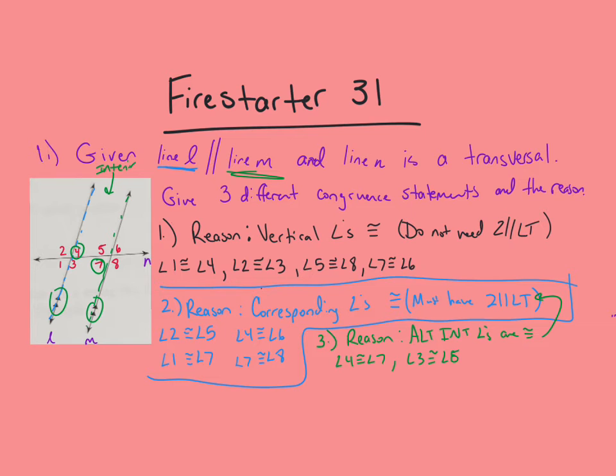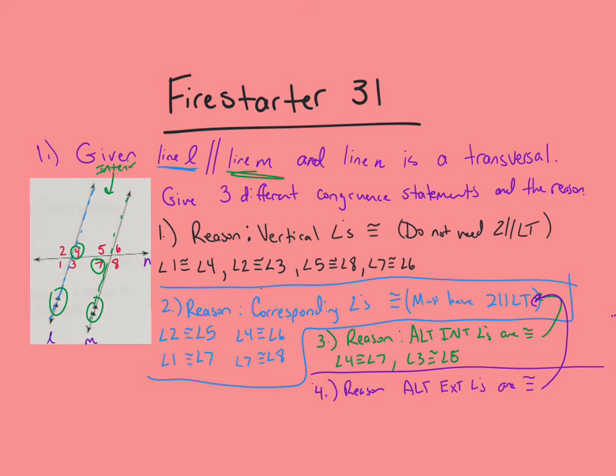All right. So another thing I can do, the last reason would be alternate exterior angles are congruent. And once again, guys, I have to have the two parallel lines cut by a transversal. So this has to have that. So these are outside the parallel lines.